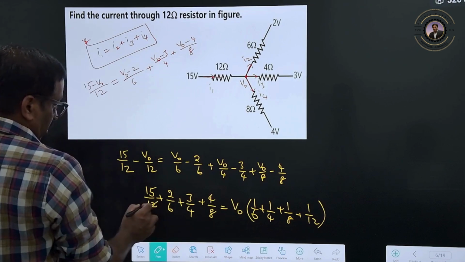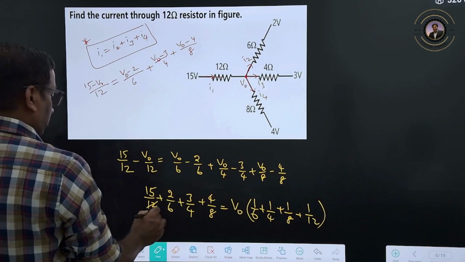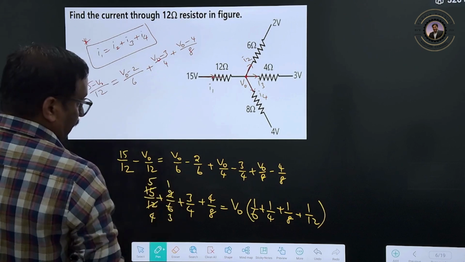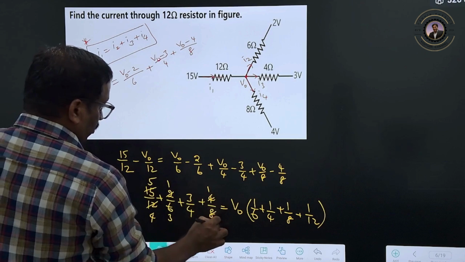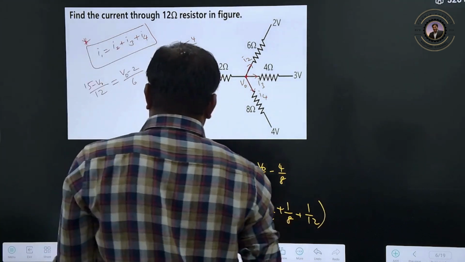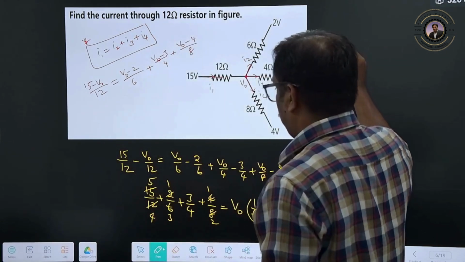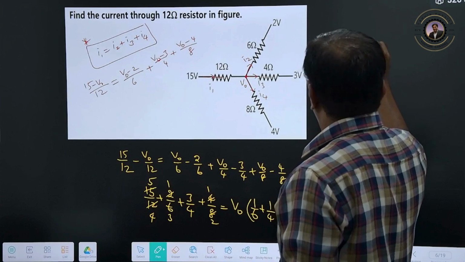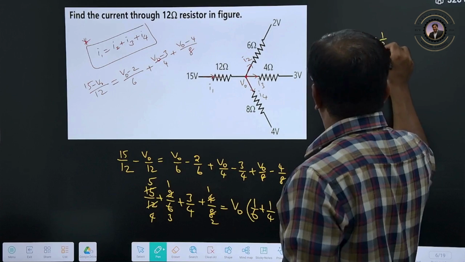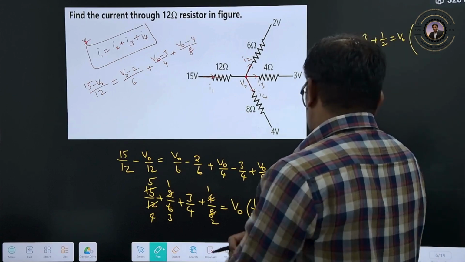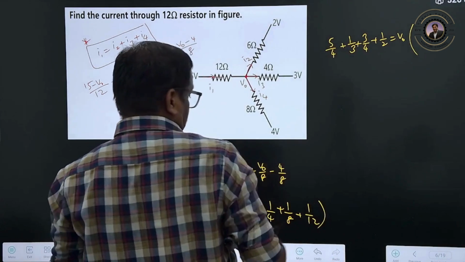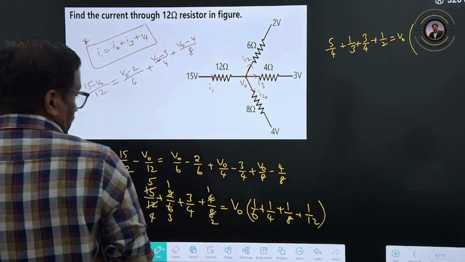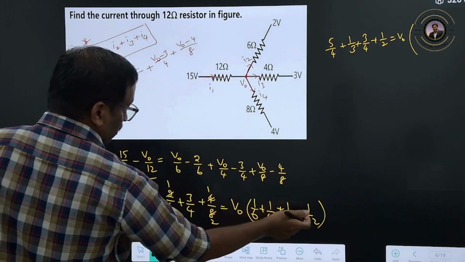So 3 fours are 12, 3 fives are 15, so 2 ones are 2, 2 threes are 6, 4 ones are 4, 4 twos are 8. So therefore it is 5 by 4 plus 1 by 3 plus 3 by 4 plus 1 by 2 is equal to V0, right? So here 1 by 6, this I can rewrite, the LCM is 8 into 12.